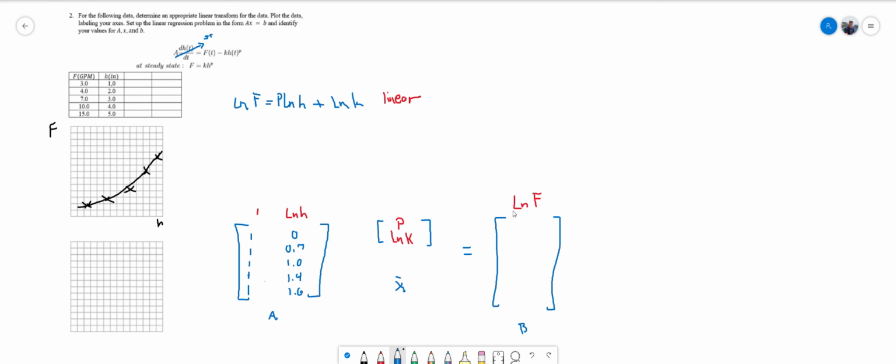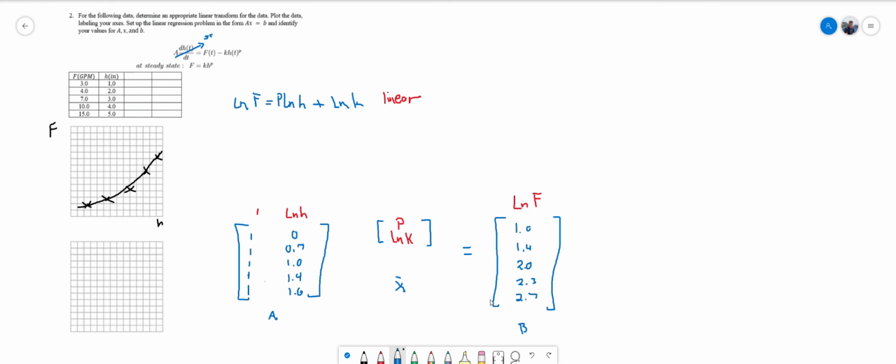And then I need to calculate the natural log of f for each one of these data points. And if I do that, I'll see I get 1.0, 1.4, 2.0, 2.3, and then 2.7.